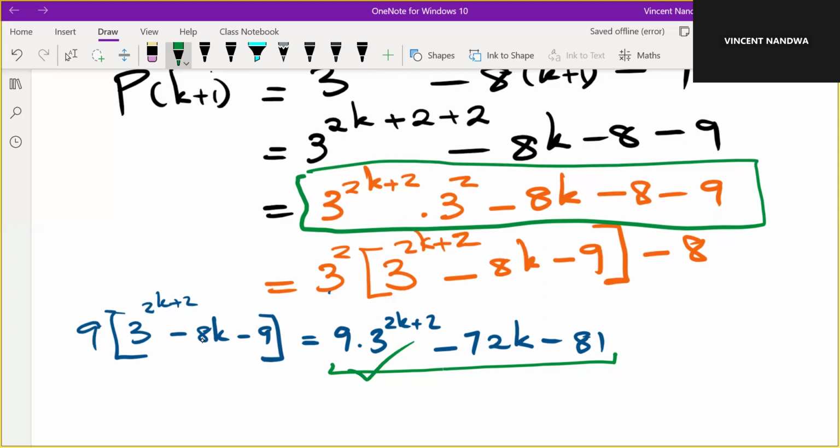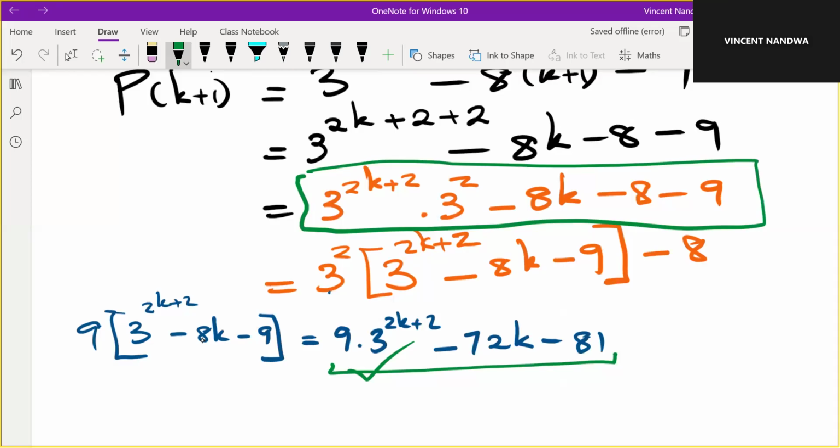No, we are not dividing. What should I add or subtract to minus 72k? Remember, if you want to play with an expression, you don't divide. What you are allowed to do is to add or subtract. Division is when you have an equation, but this is an expression. So to balance an expression, you add a summation or difference to do the balancing. Division or multiplication only happens when you have equations.